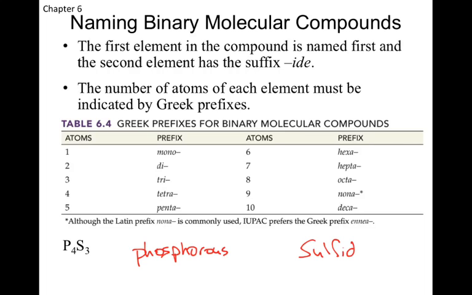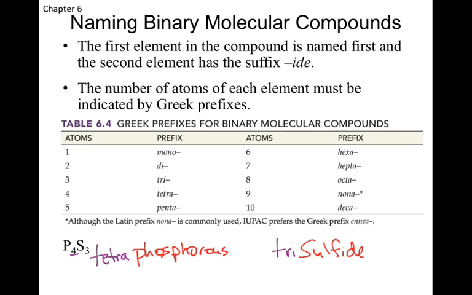Before we actually specify these, we now need to drop in how many of each showed up. Well, for phosphorus, there were 4, so that gives us the Greek prefix tetraphosphorus. And then we had 3 sulfurs, that gives us trisulfide.